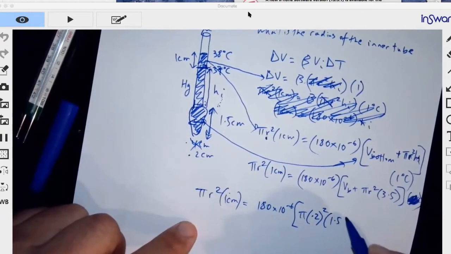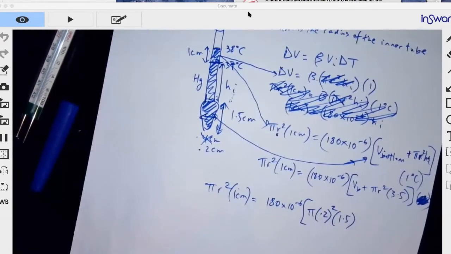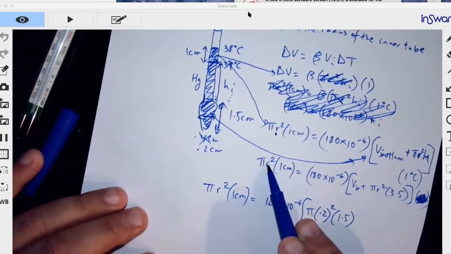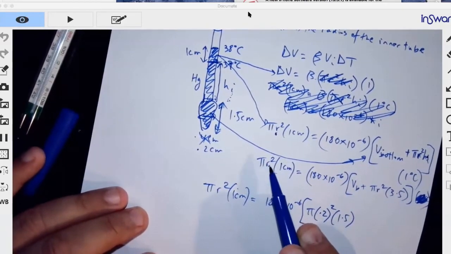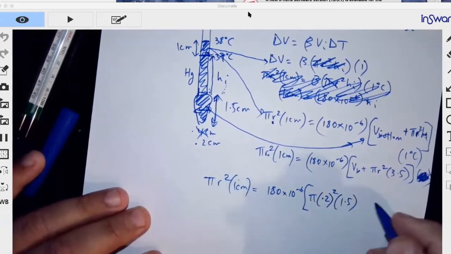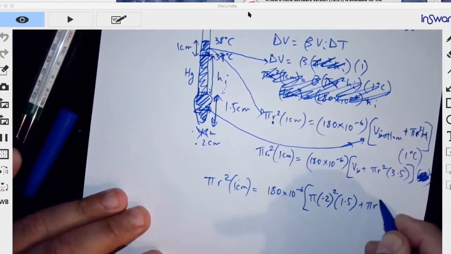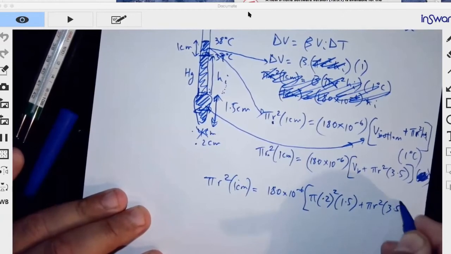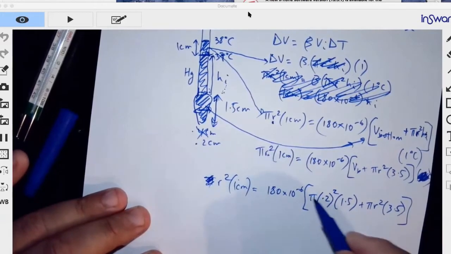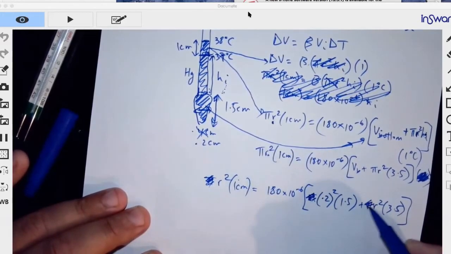I'm keeping everything in centimeters so that my final answer for the radius is going to come out in centimeters. So pi r squared, 1 centimeter, 180 times 10 to the minus 6, pi 0.2 squared, 1.5, plus pi r squared, 3.5. Oh, okay, there you go. And then the pi cancels, pi cancels, pi cancels.